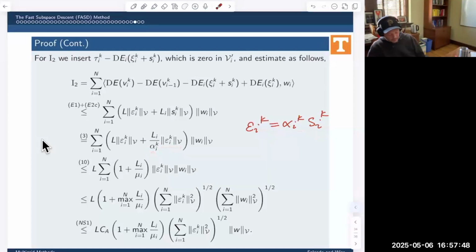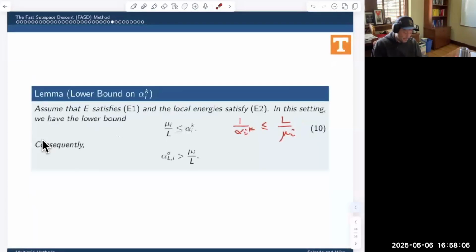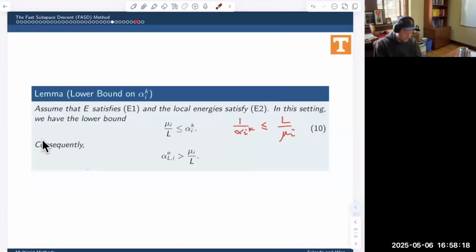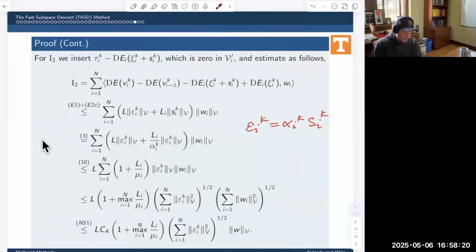Now, remember that bound 10 was a lower bound for alpha IK involving L and mu I. So that's where we're going to apply that bound, bound number 10, this guy right here, but we're going to use it in the inverse form. That's what we're applying at this step.